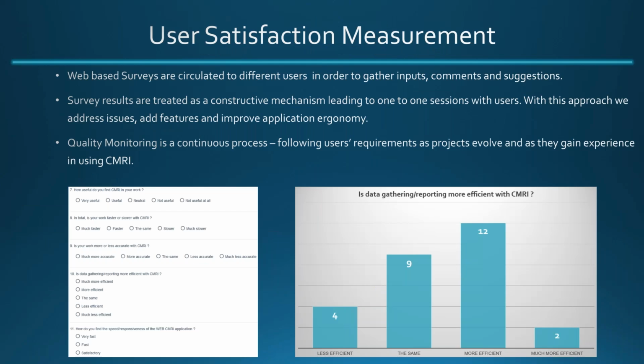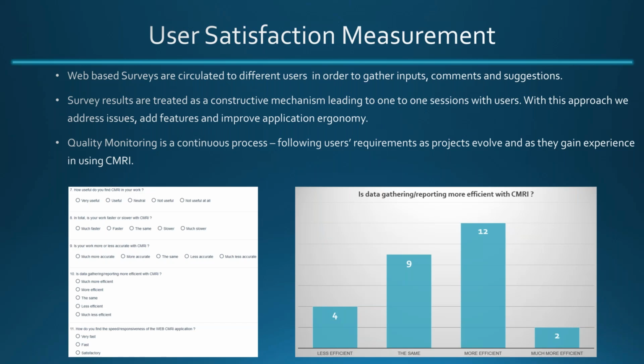These were some user surveys performed after the system was implemented for a while, to actually validate that people were seeing efficiencies in how they were doing their job with CMRI compared to without it.